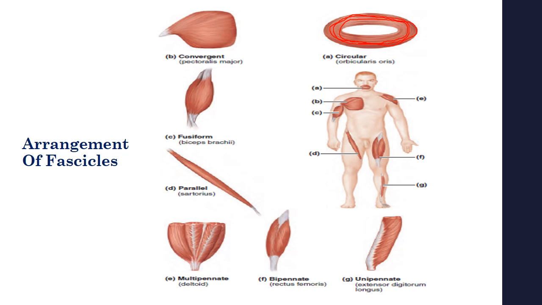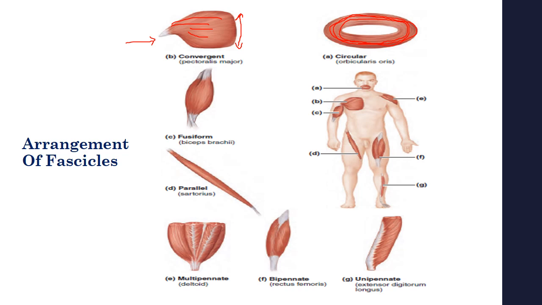And then you have the convergent type of muscle, and the convergent muscle is actually a muscle that has a very broad origin. Okay, remember muscles have origin and insertion. So the origin of this muscle is usually broad, and the fascicles basically converge towards a single tendon for insertion. Okay, so usually this type of muscle arrangement is triangular or fan shaped.